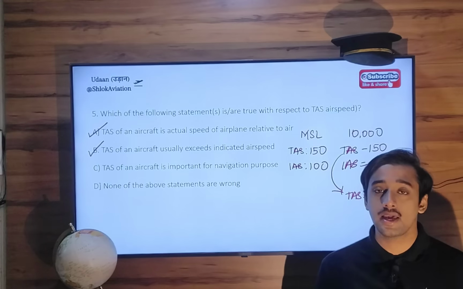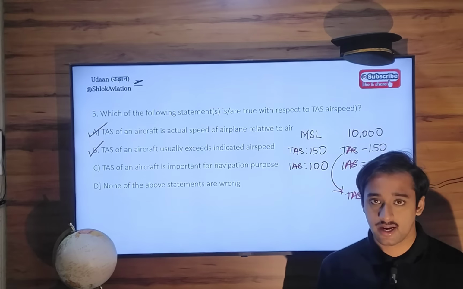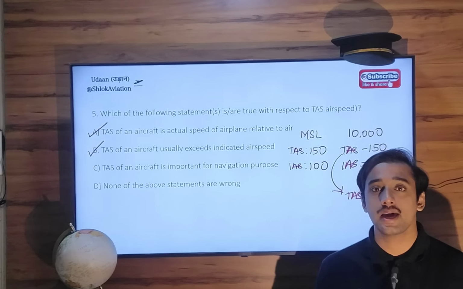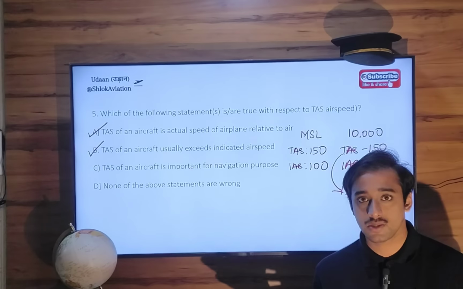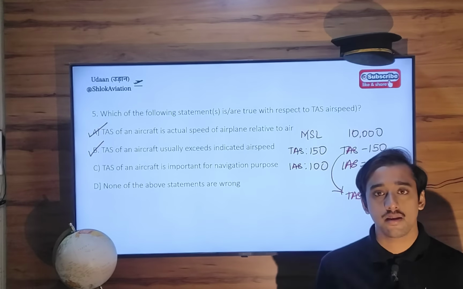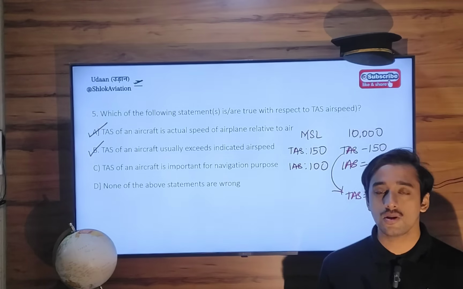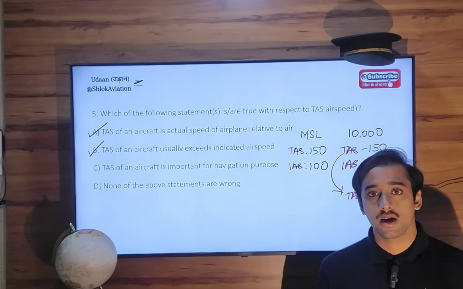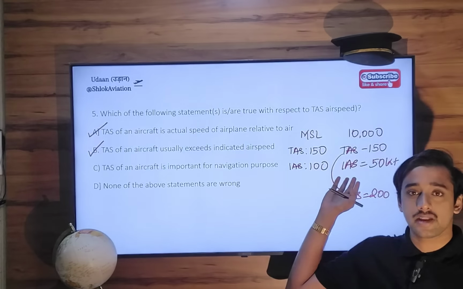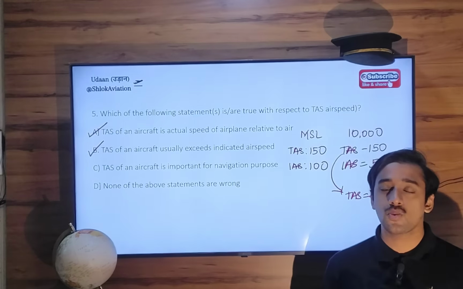And so this will compensate for the lower static atmospheric pressure surrounding your aircraft. Okay, so to compensate for lower atmospheric pressures, you will have to fly your aircraft at much faster true airspeed, so that the impact pressure felt at the tube will be much more, and therefore the indicated airspeed will be much more than the 50 knots here. Okay, so this is what happens.